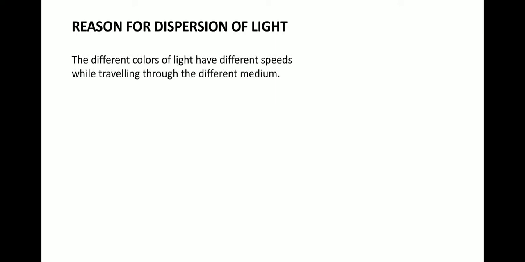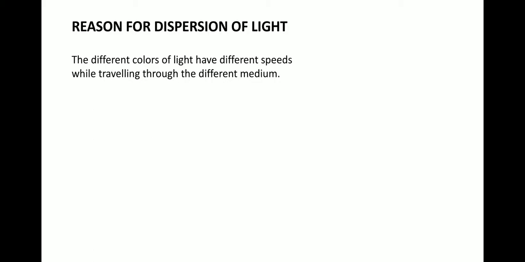Next, what is the reason for the dispersion of light? The different colors of light have different speeds while traveling through different media. We have done this before in the previous class, that different colors have different speeds when they are traveling through different media.